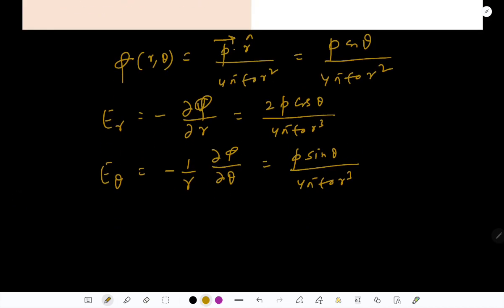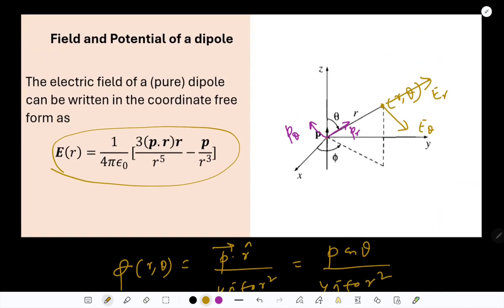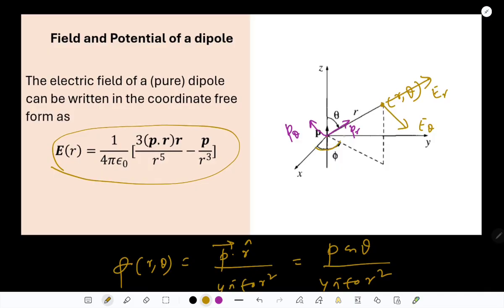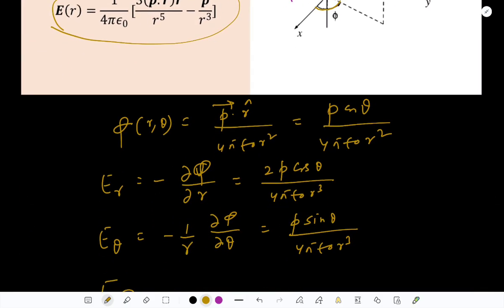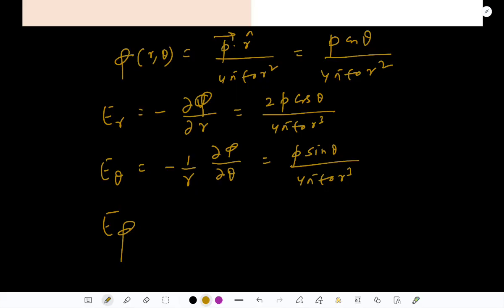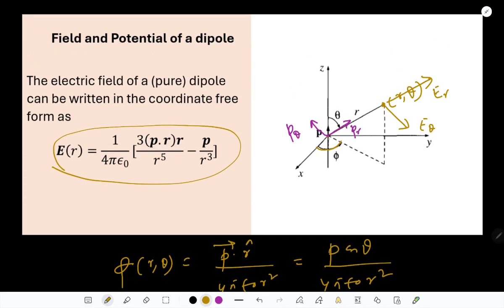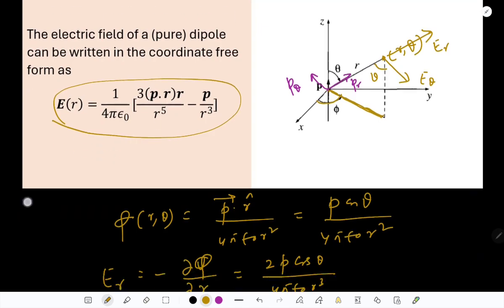And of course you can find also a component of E phi, that is in the increasing direction of phi in xy plane basically, and you will get this value. You will write in the place of 1 by r, you need to write down the length of this thing. Since this angle is theta, so this angle is theta, and this length is simply r sin theta.